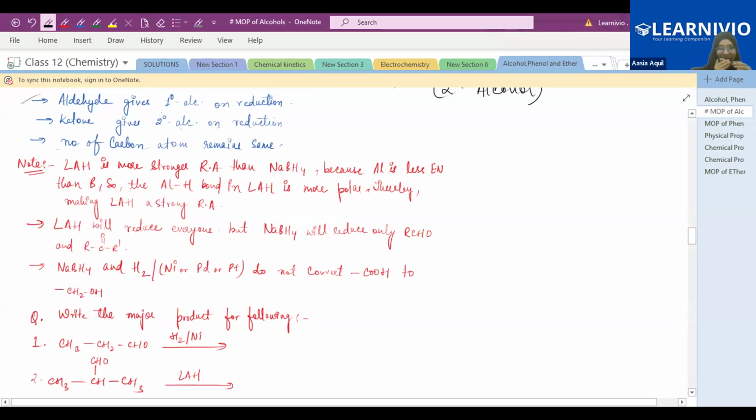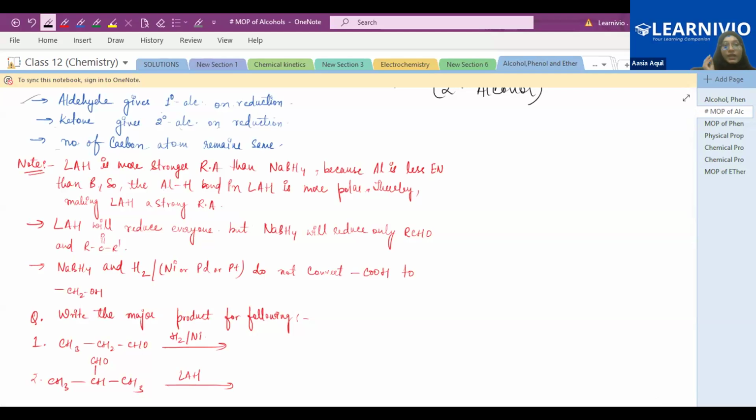The bond between aluminium and hydrogen is more reactive as compared to the bond between boron and hydrogen, because boron is more electronegative and has a tendency to pull electrons towards itself. So the bond in the case of boron and hydrogen will be weak as compared to aluminium and hydrogen.